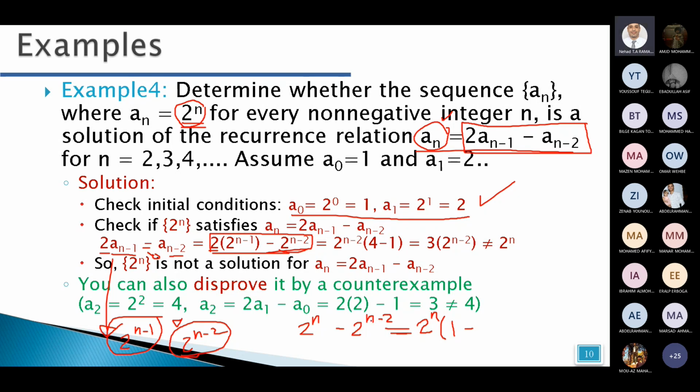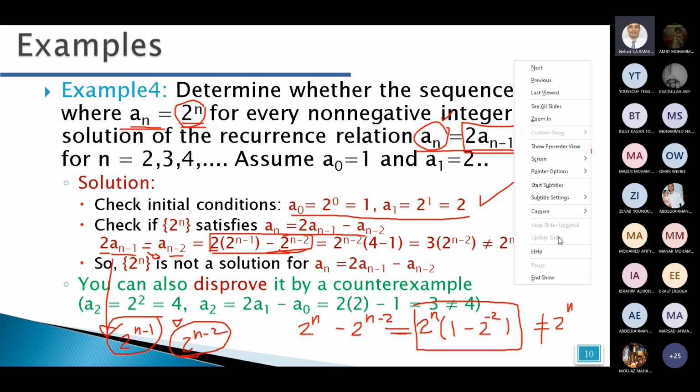Look at this one. Is it equal to 2 power n? No, it's impossible. So we started from an here as a recurrence relation, but we did not reach an of the solution. So it's not equal. This means it's not a solution.